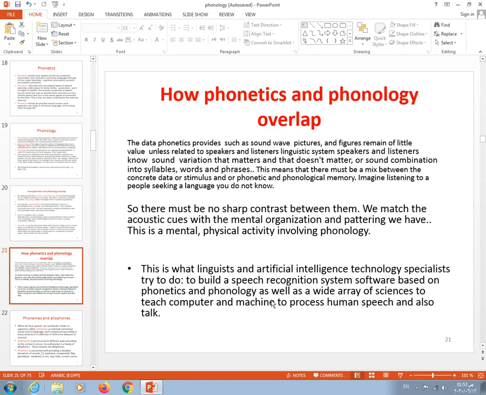And this is what we see in Siri and Alexa and other smart speakers, and in all applications that turn sound into text, simultaneous interpreting, and so on.